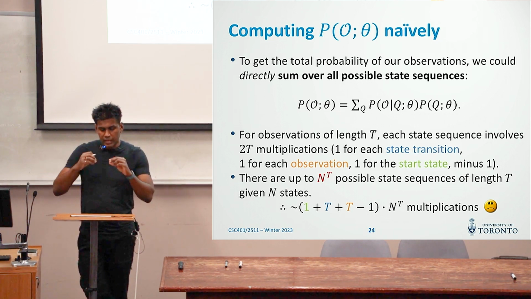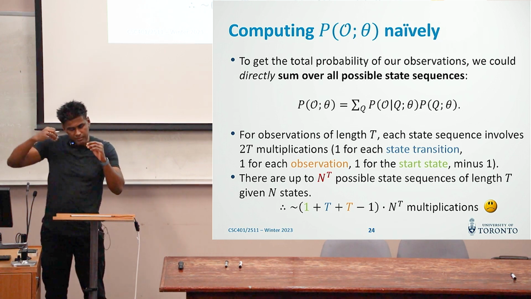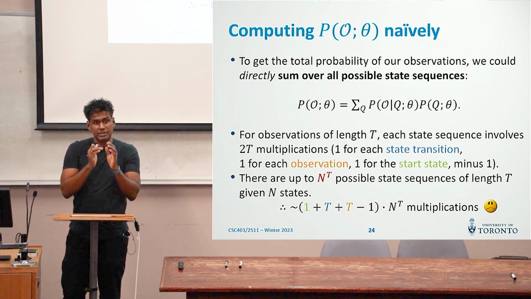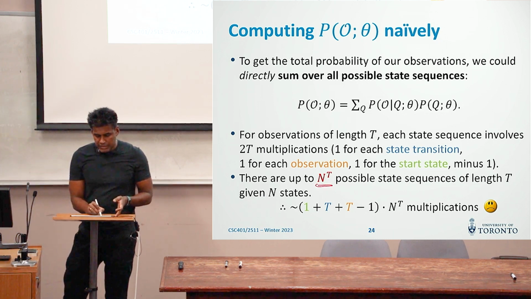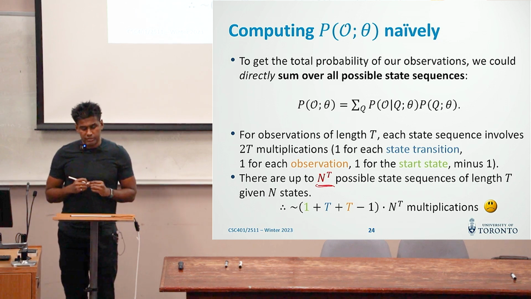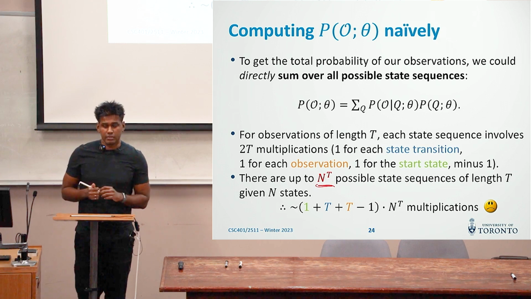And we have N to the power T possible state sequences. So if you have N possible states at every time step and a length of T, it becomes infeasible, because we have O(N^T) multiplications.